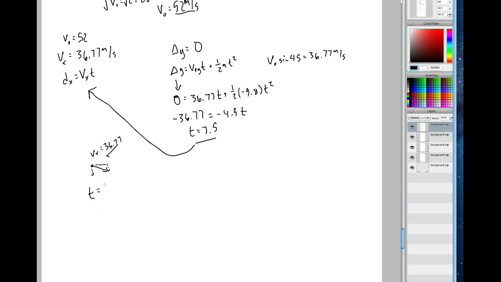So 6.2 seconds to get to the wall. And I know that my delta y at the wall is 40. So if you know delta y and you know time, you can solve for your Vy at that time when it's clearing the wall. If you know Vx and you know Vy, you can solve for V naught because you have two sides of the triangle.